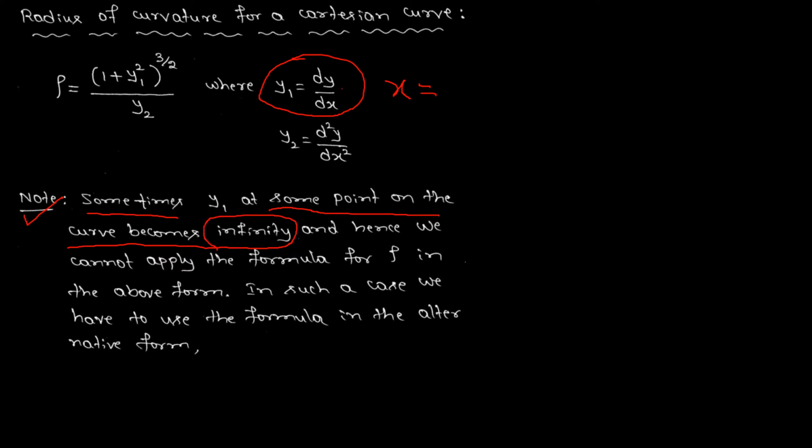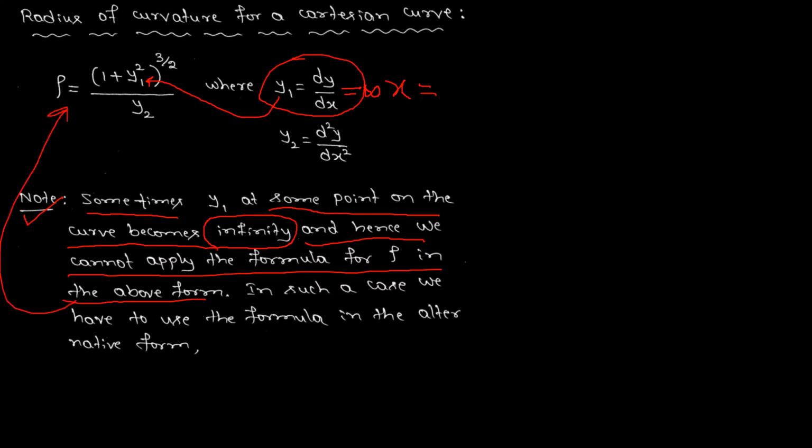In that case, we cannot take the undefined term in the formula. So we need to go the other way in such a case, and hence we cannot apply the formula for rho in the above form.